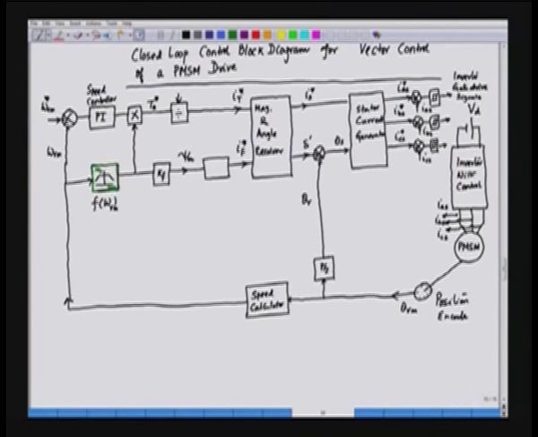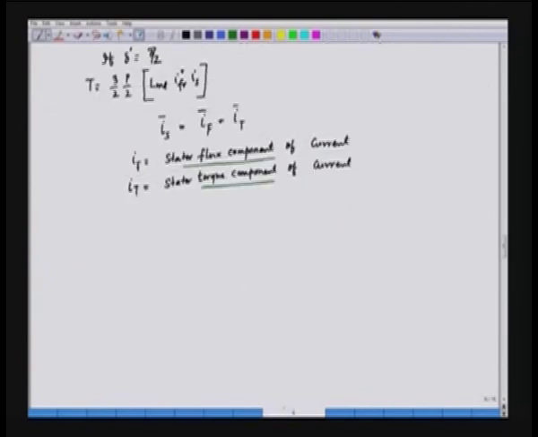Now, what is psi m? Psi m is the magnetizing flux, which is the resultant of the field and the stator. Now, let us see what is psi m. We have already seen that we have psi ds, the d axis stator, and we have the d axis rotor, that is the field, and we have the q axis stator, that is qs.